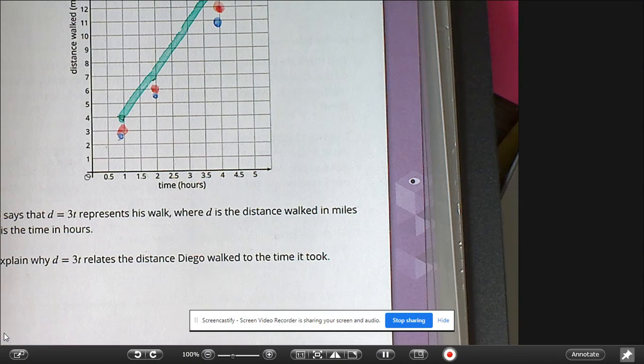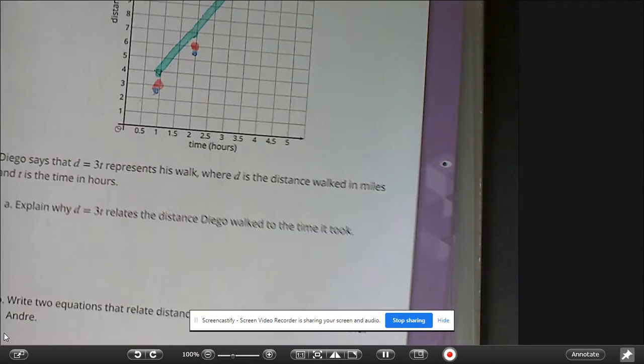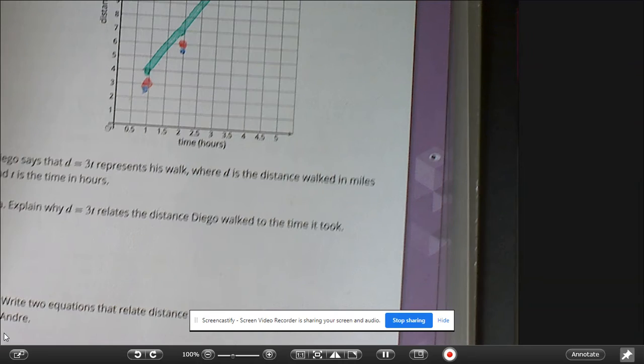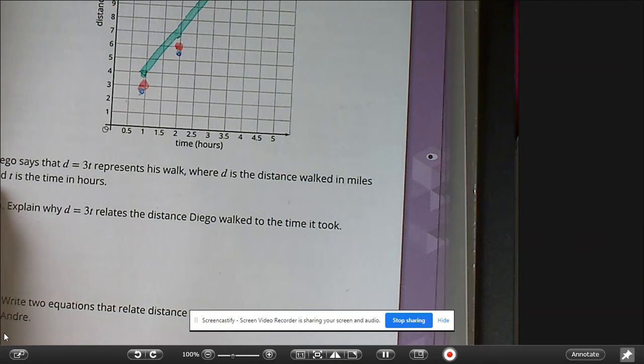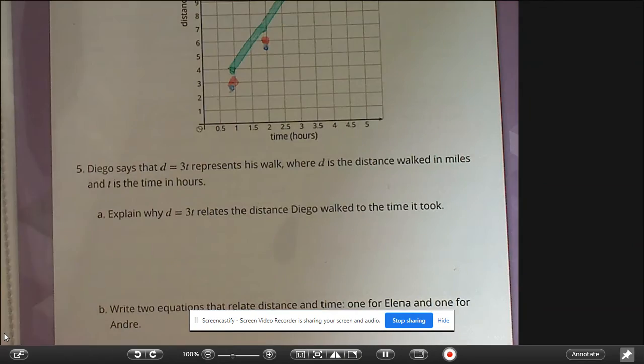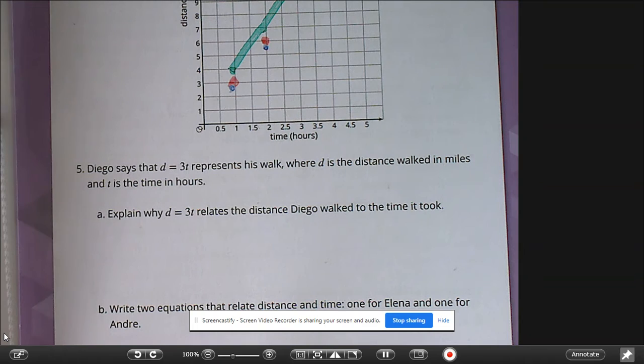Okay, so in answering the questions down below, it says Diego says that D equals 3T represents his walk, where D is the distance walked in miles and T is the time in hours. Okay, so explain why D equals 3T relates the distance Diego walked to the time it took.